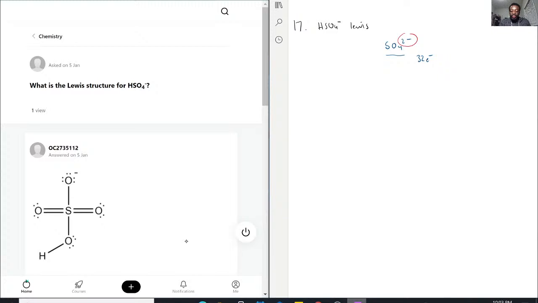So we have the sulfur in the middle, as you can see in this picture. All right, we're going to first start with 1 bond here on each side, 4 oxygens.